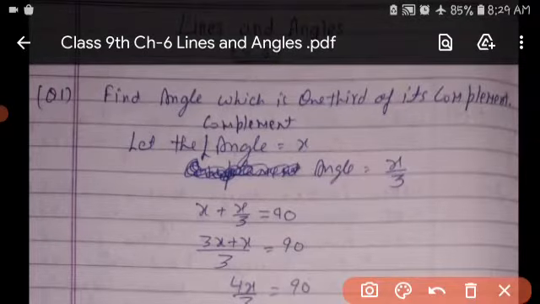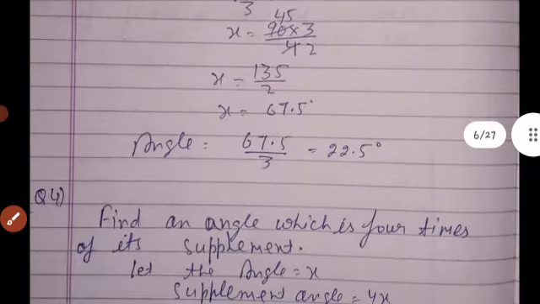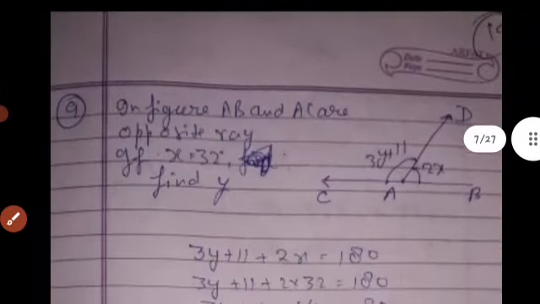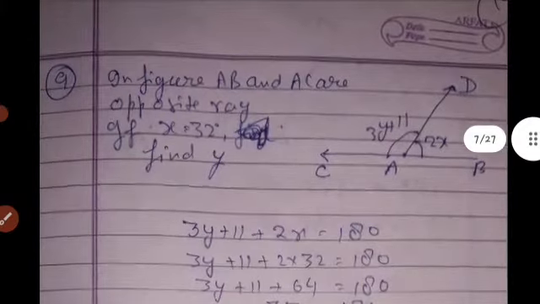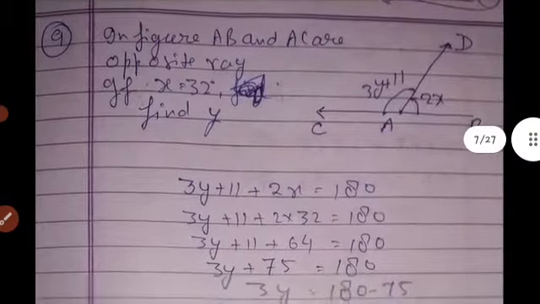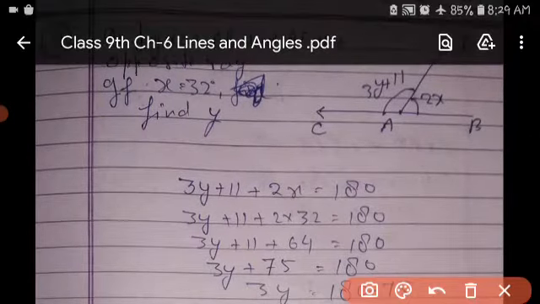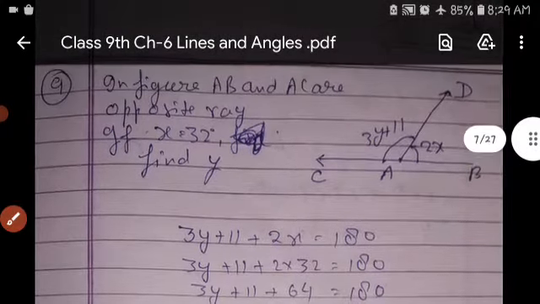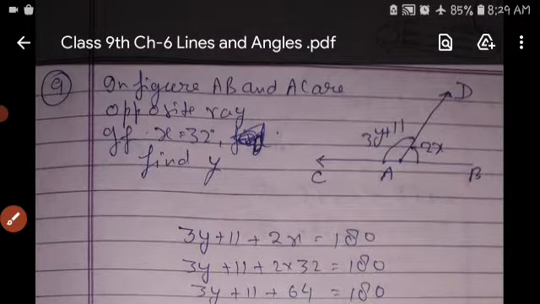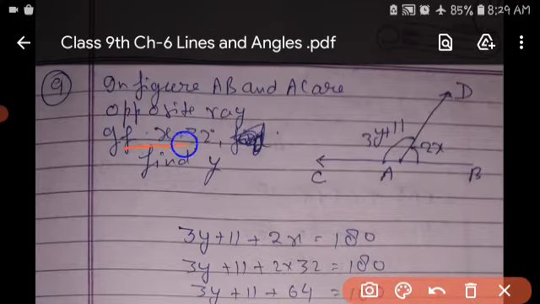Next question. In the figure, AB and AC are opposite rays. The value of x is equal to 32 degrees.